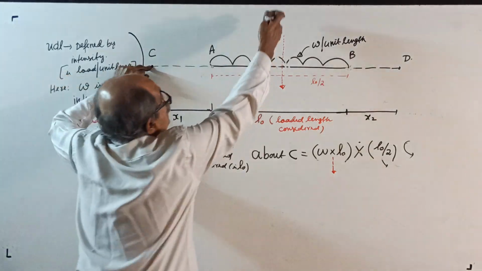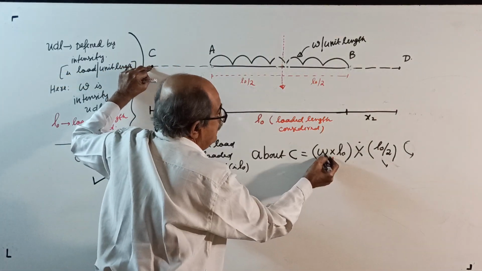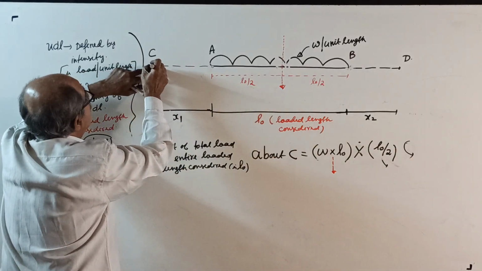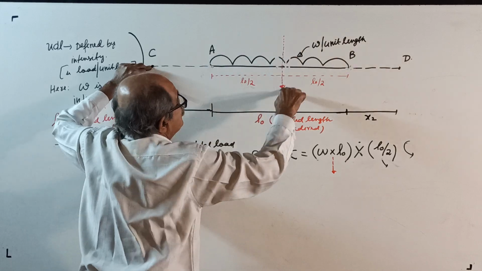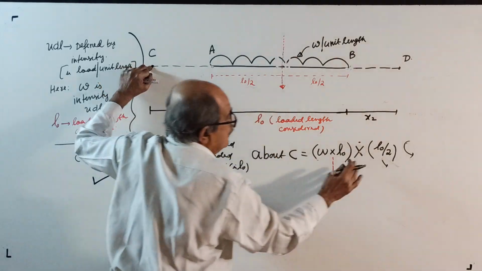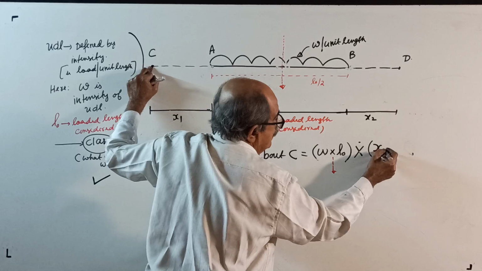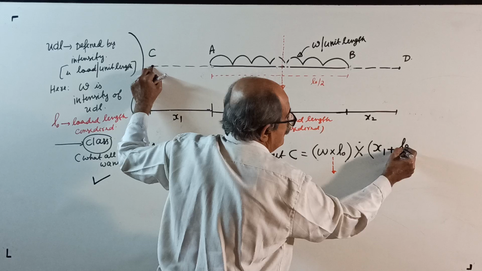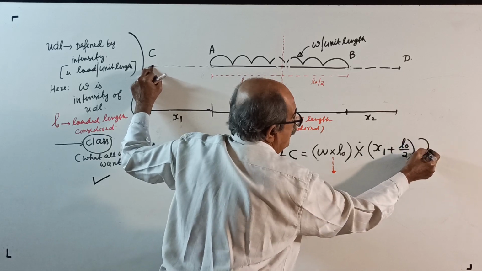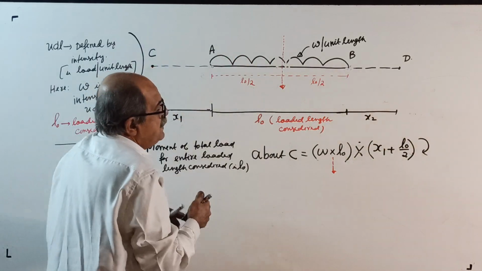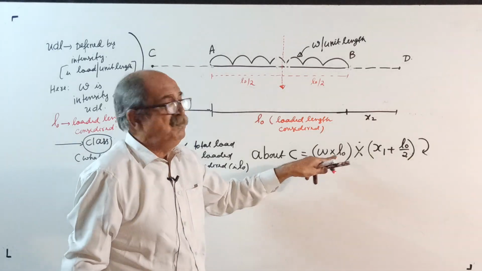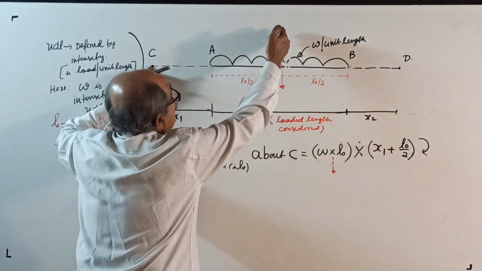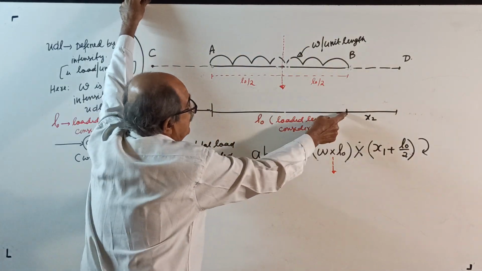Equal to total load, once again, W into L naught into perpendicular distance from C to line of action of the load, which is X1 here into X1 plus another L naught by 2. L naught by 2, clockwise. This is the total magnitude, perpendicular distance from C to line of action of the total load considered L naught length.